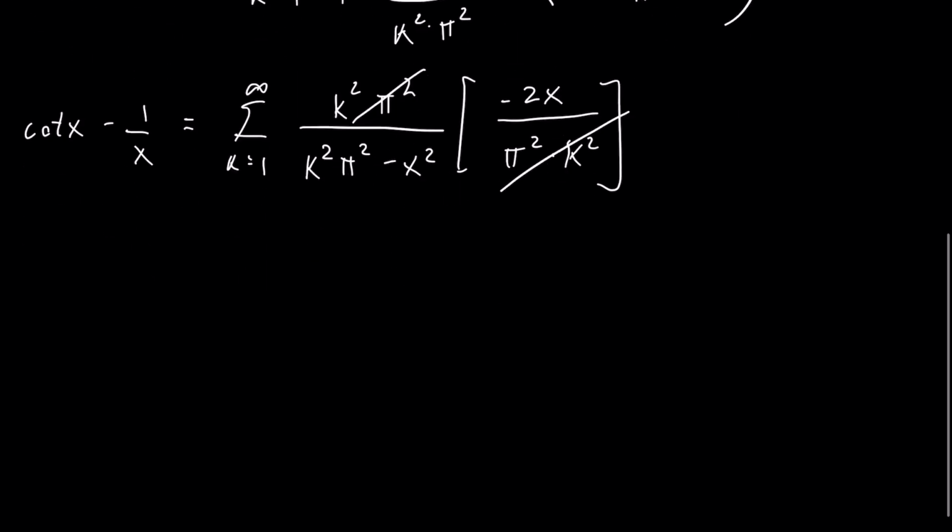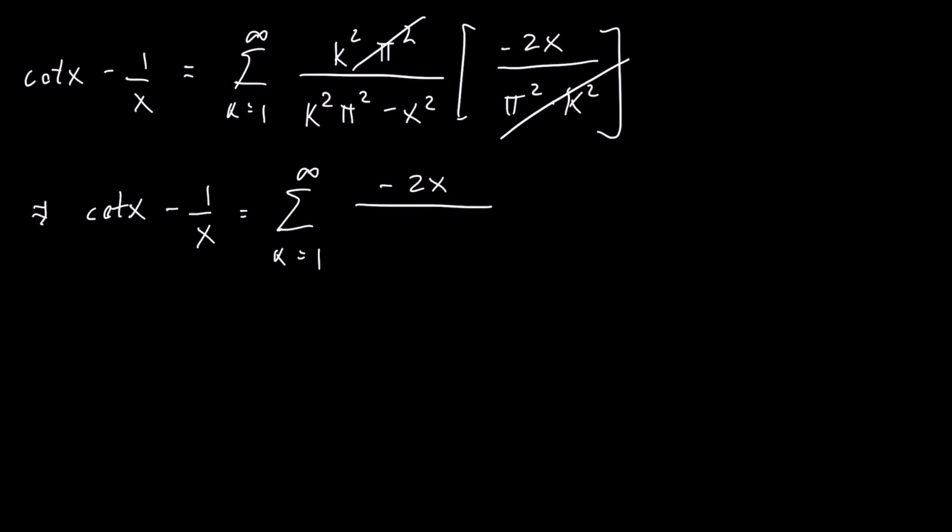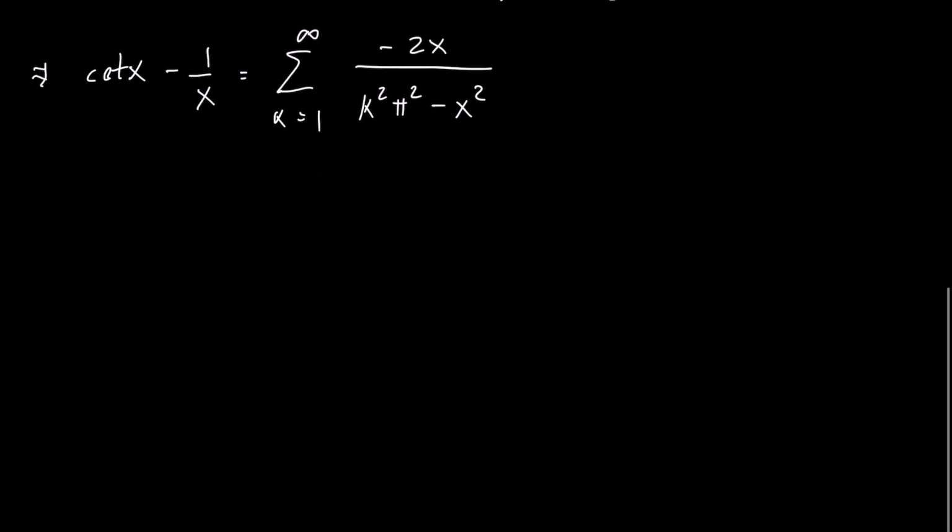And the k squared and pi squared are gone. So we have a cotangent of x minus 1 over x equals the sum from 1 to infinity of minus 2x over k squared pi squared minus x squared.